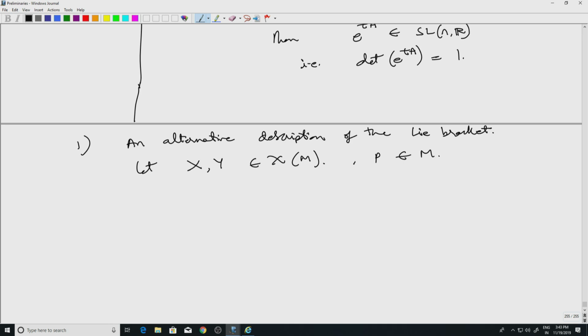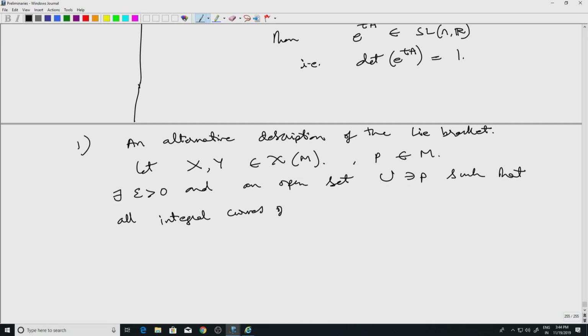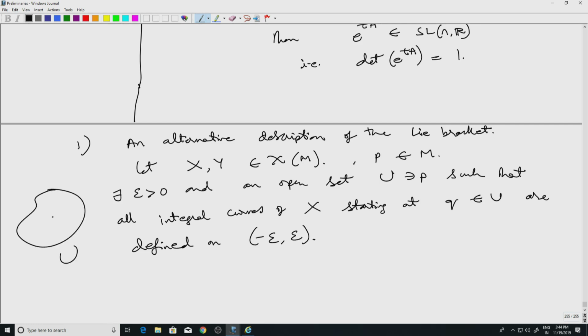We know that by the Frobenius existence and uniqueness theorem, there exists epsilon greater than 0 and an open set U which contains P such that all integral curves of X starting at Q in U are defined on minus epsilon, epsilon. So this is U, this is P.